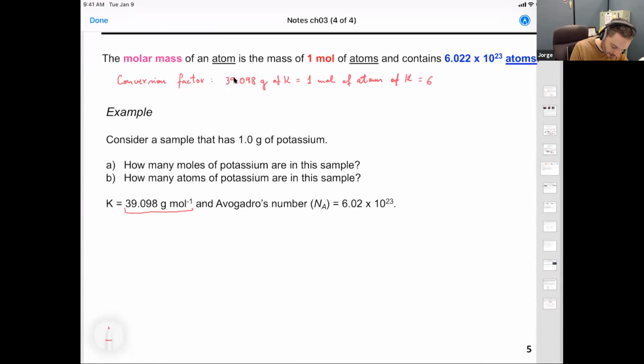And every time you have 1 mole of anything, we immediately have to correlate that to 6.022 times 10 to the 23rd. If we are talking about atoms of potassium, we have to fill this gap with atoms of potassium. Okay?